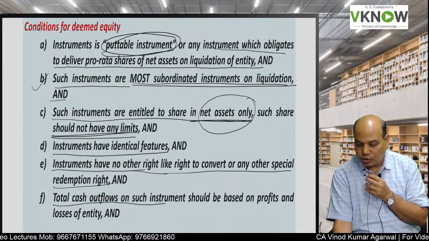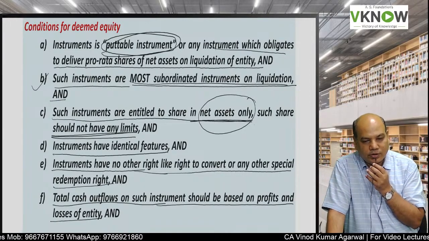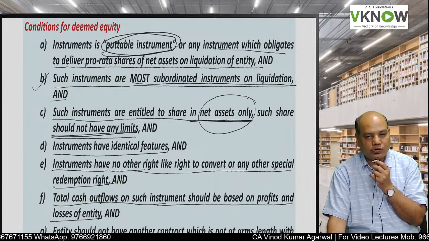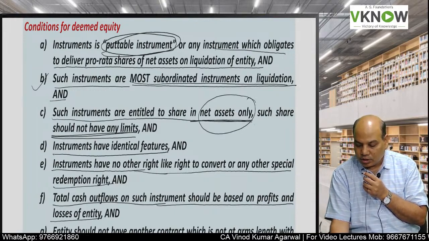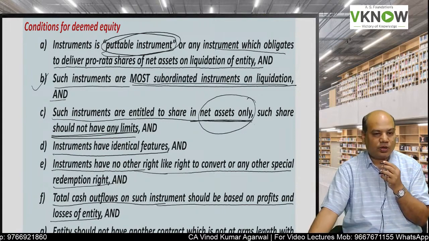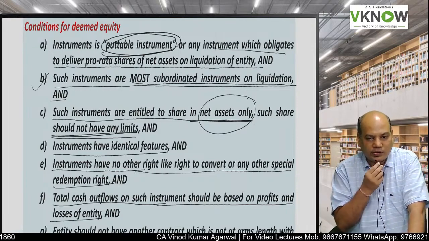Total cash outflow on such instrument should be based on the profit and loss of the entity. And point G, the entity should not have another contract with such instrument holder which is not at arm's length. The last line probably is not appearing on the screen.